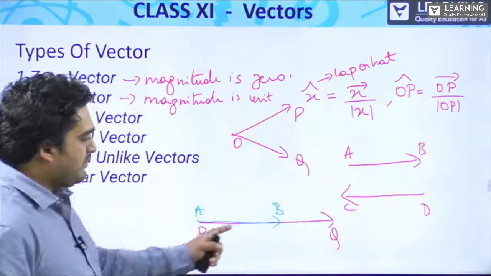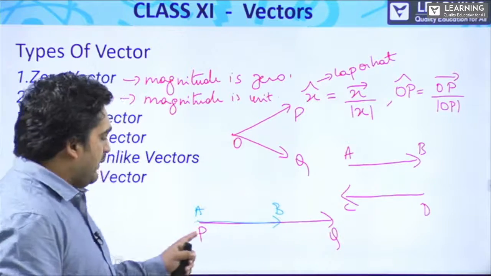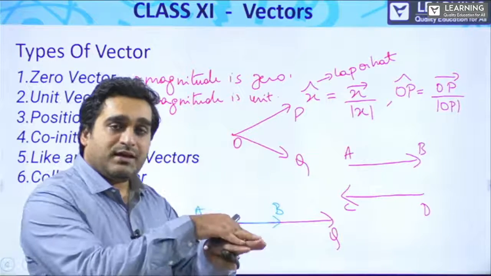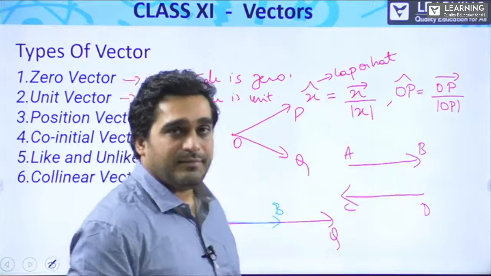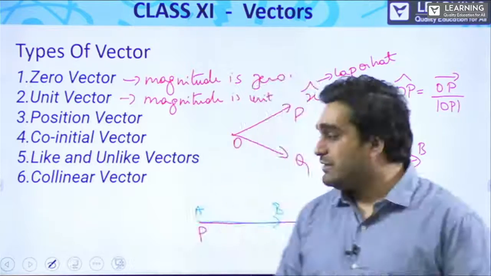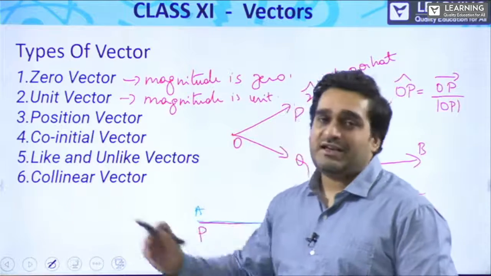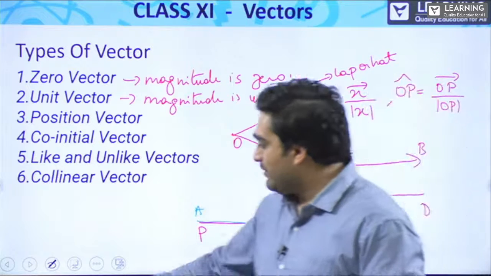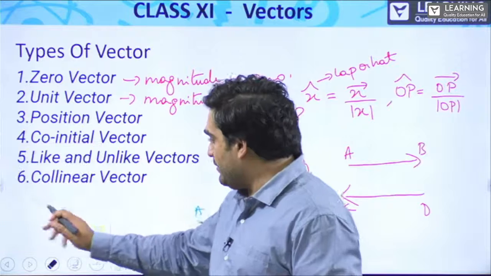So represented by two different colors, alright? PQ is one vector, AB is another vector, but they're lying on top of one another. These type of vectors are what are called collinear vectors.